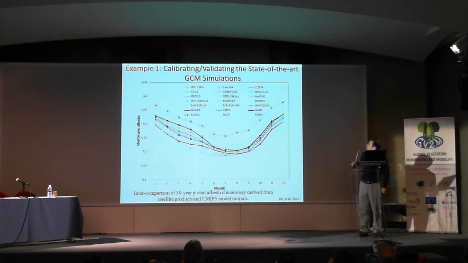If we look at the general circulation models used for the IPCC 5th assessment report, the different GCMs produce different albedo values, and obviously the differences are very significant. This is the global average.